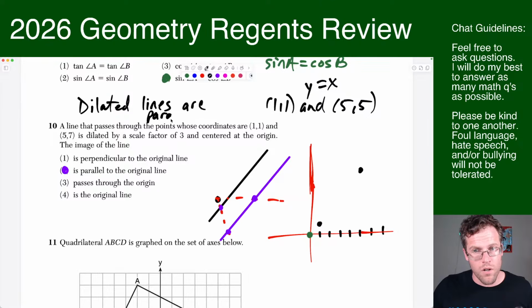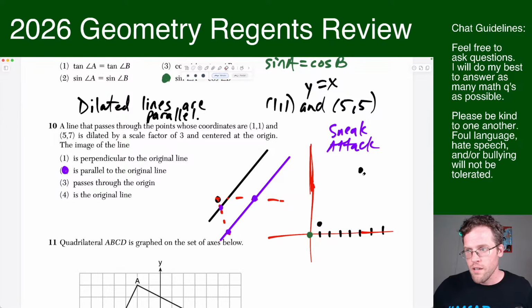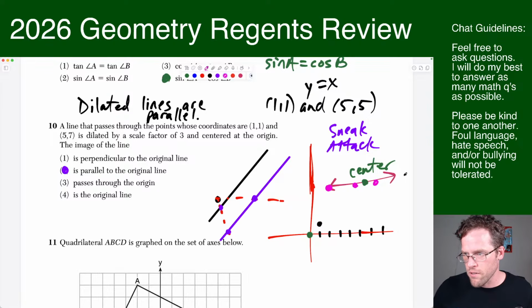Except in one case, okay? This is the sneak attack. So you ready? The sneak attack, bear trap of the century from the Regents, is if they give you a line like this and the center is on the line. So if your center is on the line, then when you dilate all the points, let's say you triple the distance and you go out, they're still going to be on the same line.